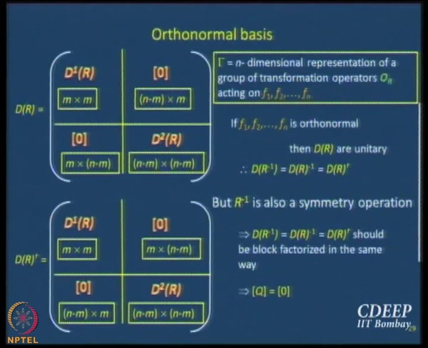Now see, these matrices are block factorized in a certain manner. This D1R and D2R are the two non-zero blocks. These two are definitely the 0 blocks, right? Can this also be a 0 block, D2R? If it is a 0 block, then what will be OR Fm plus 1, or let us say what will be OR Fn?